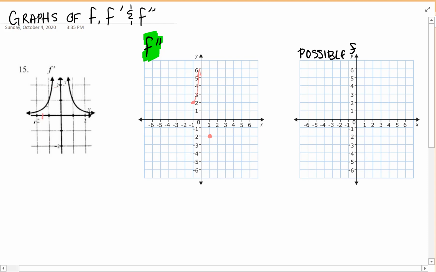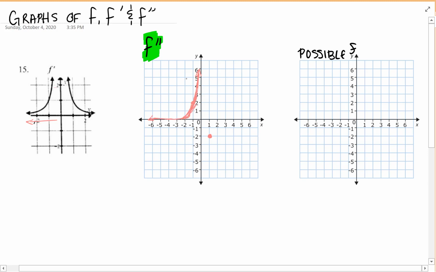Looking at -1.5, perhaps it has a slope similar to 1/2. So at -1.5, I will put a point at 1/2. As x approaches -infinity, our tangent lines are approaching a slope of 0. We are approaching a horizontal tangent, but not quite. Our f prime prime values will approach 0, but not quite.